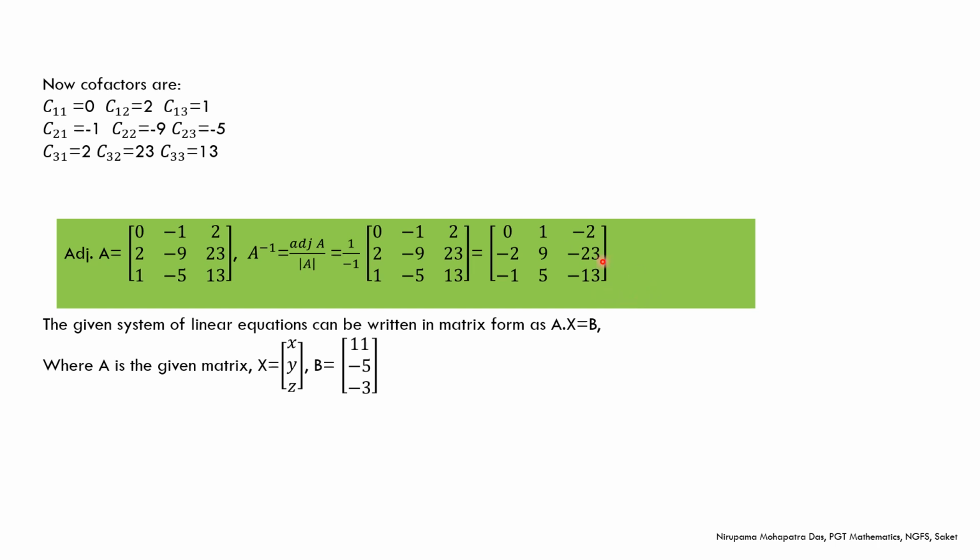Now A inverse is here, we have to use it, and as we discussed in the beginning of attempting this question, the system can be written in matrix form as AX equal to B. It means in this case our coefficient matrix is the same as the given matrix A, and X is the column matrix containing the variables, and B is the matrix 11, -5, -3.